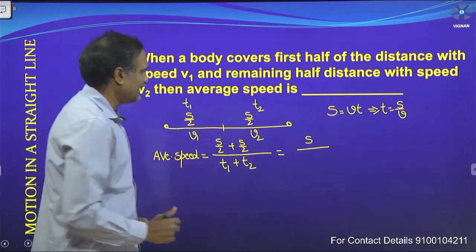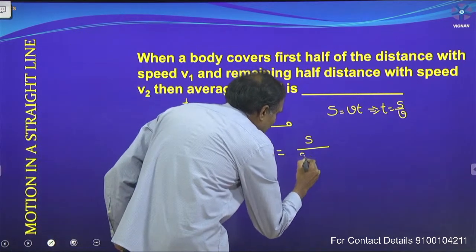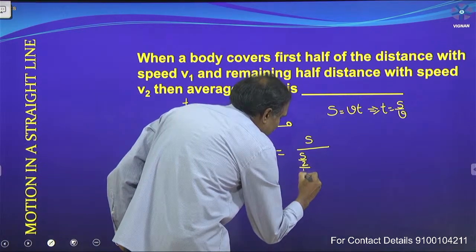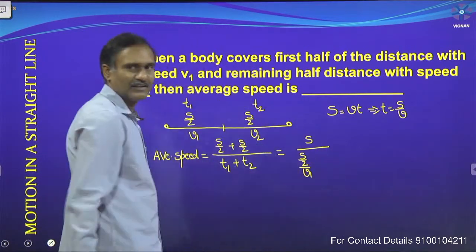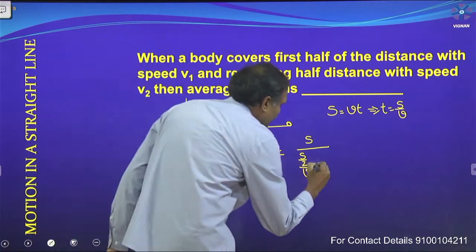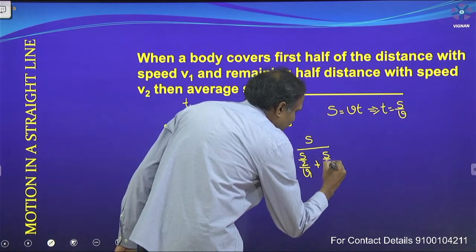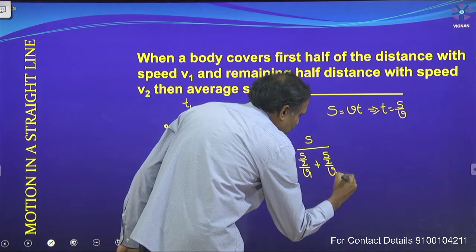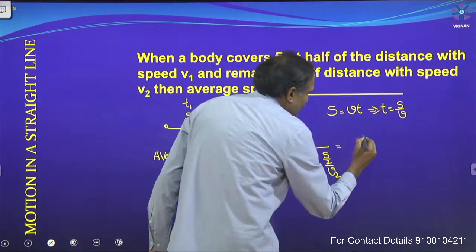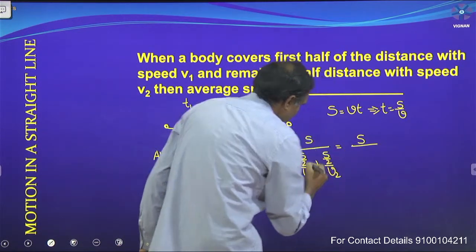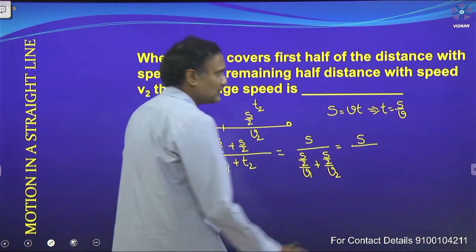So t1 can be written as s by 2 divided by v1, and t2 is s by 2 divided by v2. Then average speed is equal to s divided by s by 2 v1 plus s by 2 v2.